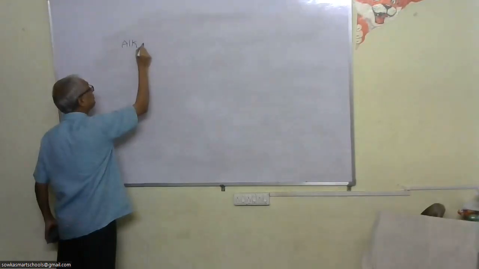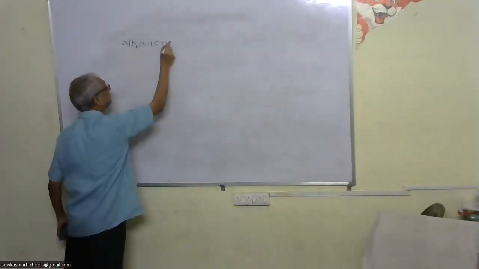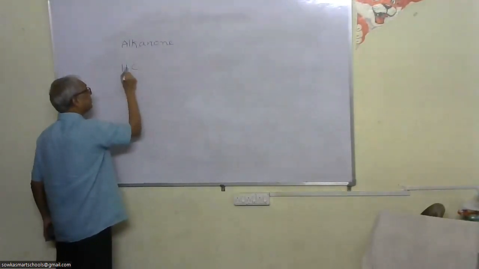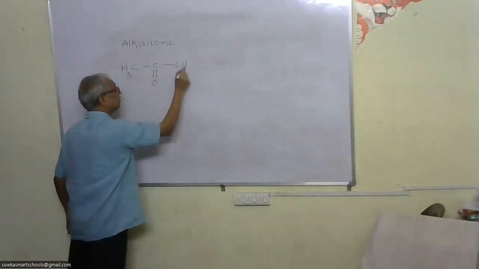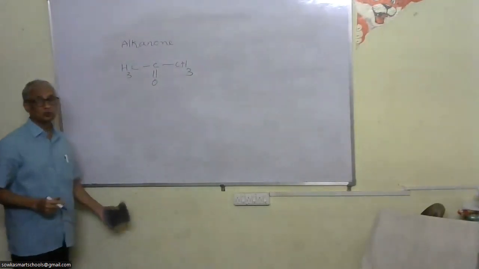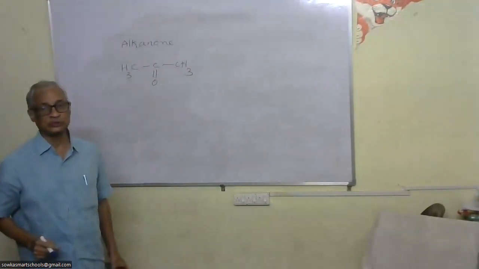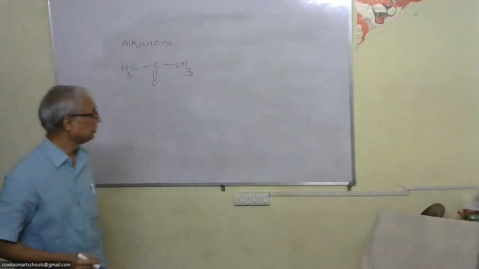Ketones, general IUPAC name is alkanone, and the first compound consists of 3 carbons. There is no compound with 1 or 2 carbons. Minimum 3 carbons must be there to write a ketone.